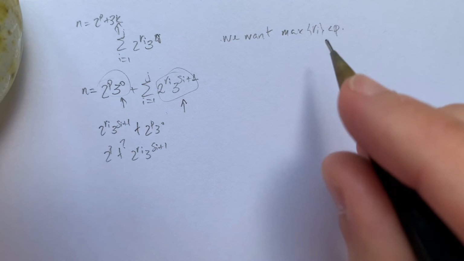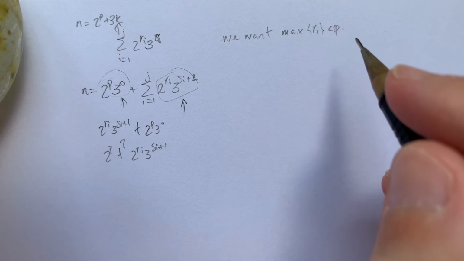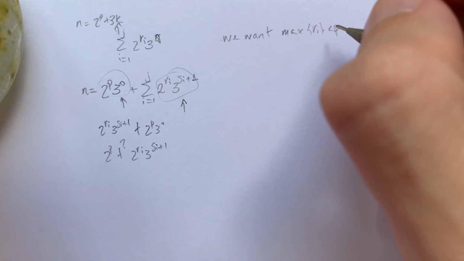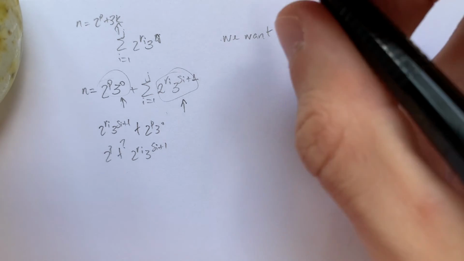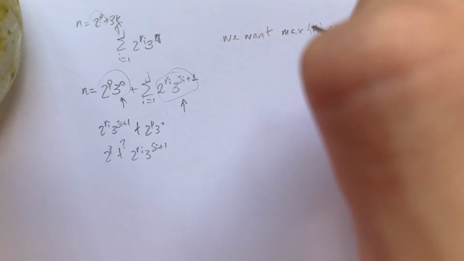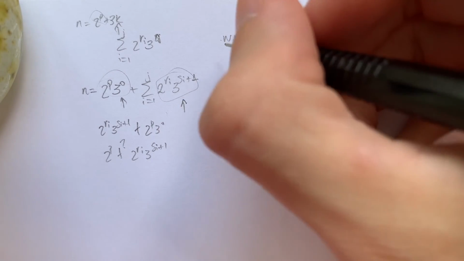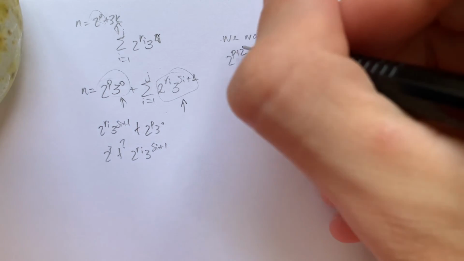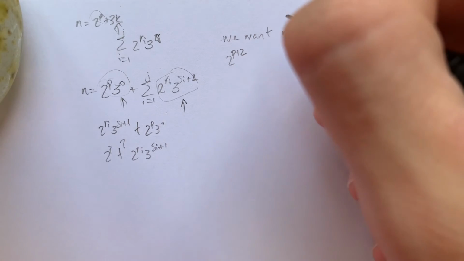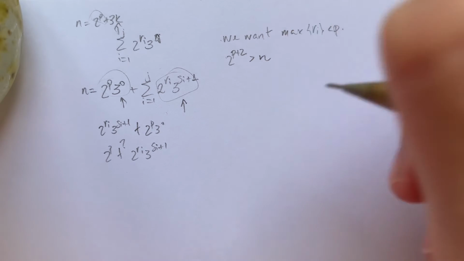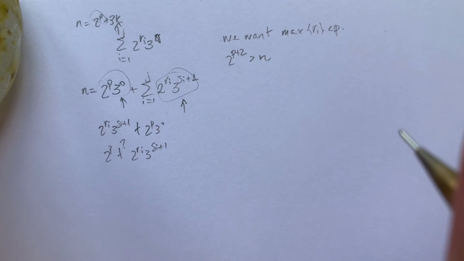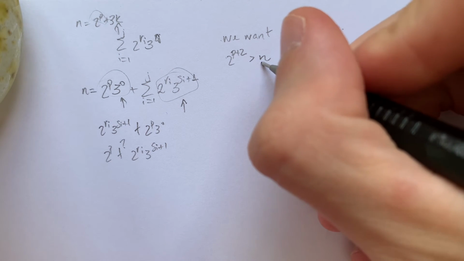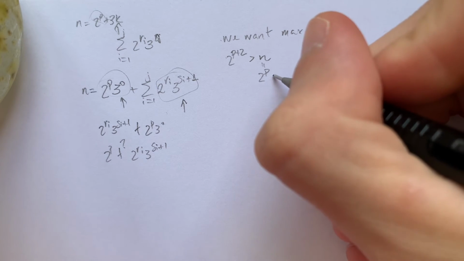Since we want this maximum to be smaller than p, by the maximality of p, we know that 2 to the p plus 2, which has the same remainder modulo 3, must be greater than n, which is 2 to the p plus 3k.